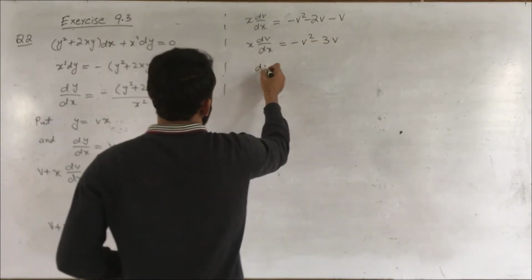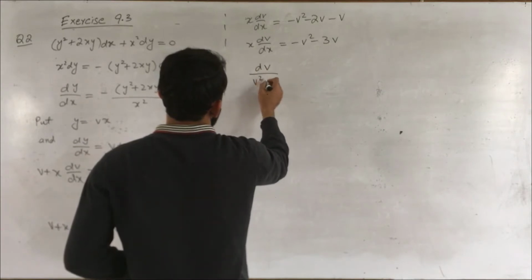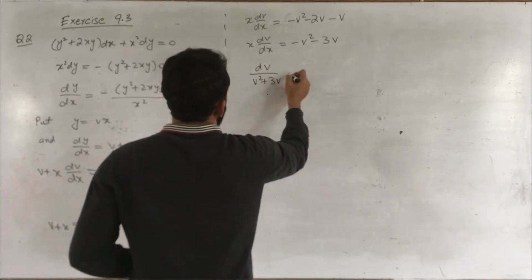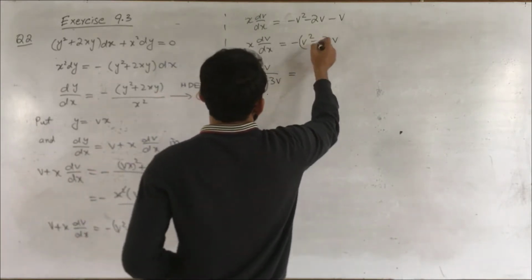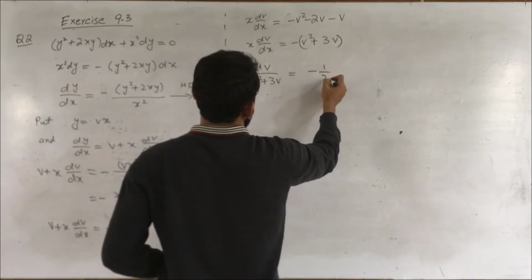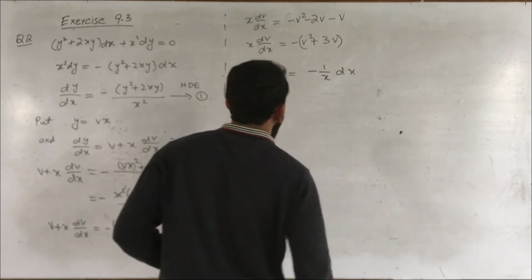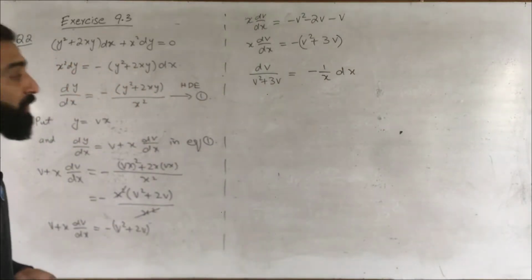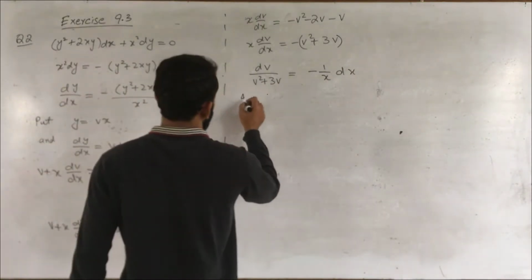Now dv divided by v square plus 3v is equal to minus 1 over x dx. Now the variables have been separated, so we integrate on both sides.